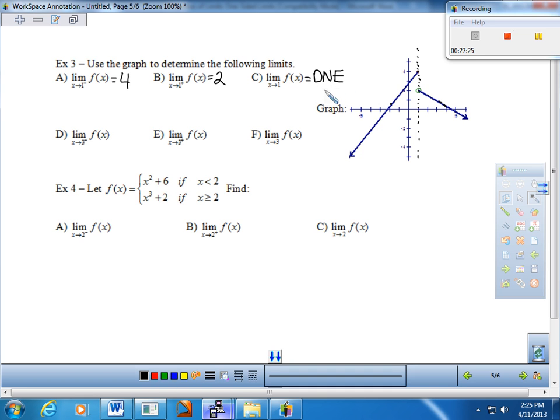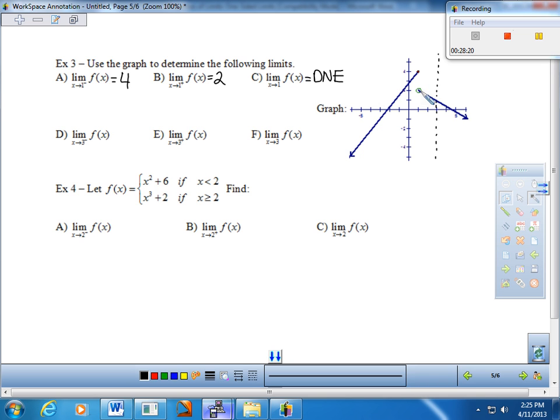Okay, let's try one more in this particular graph. In this case, it looks like the limit as x goes to 3 from the left, and x goes to 3 from the right. Let me do just a touch of erasing so it doesn't get in our way here. And let's go find 1, 2, 3 right here. There we go, nice vertical line. Let's see what's going on with this. Hop on the graph to the left.